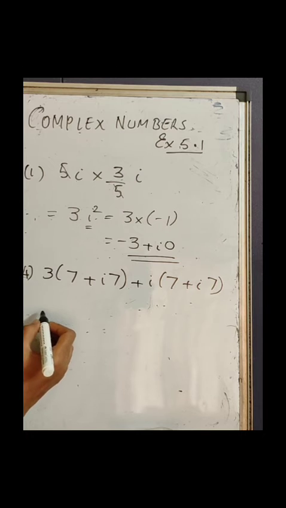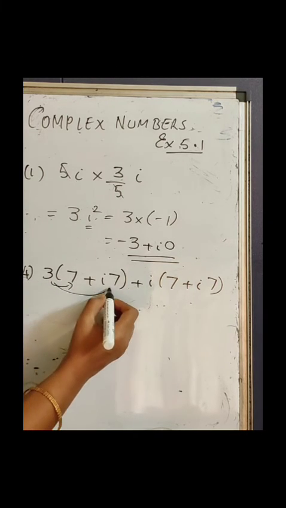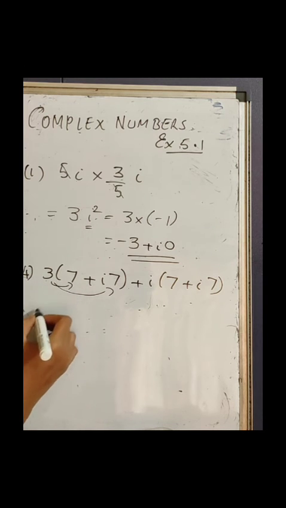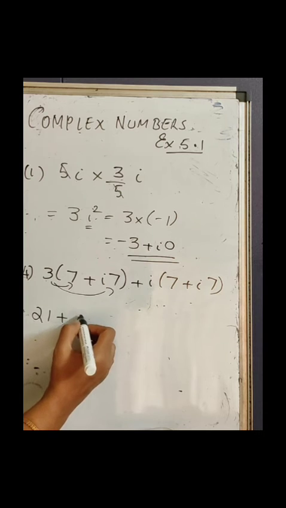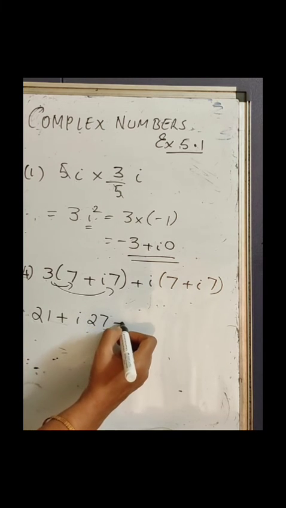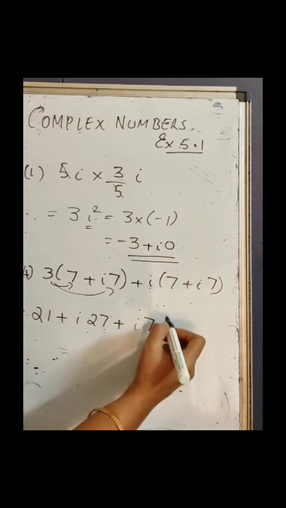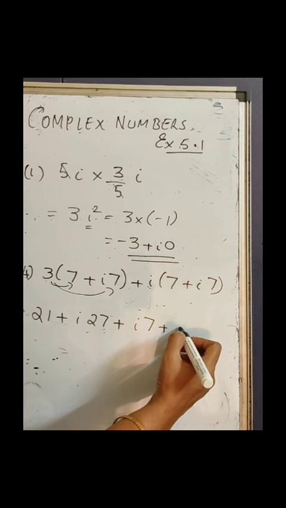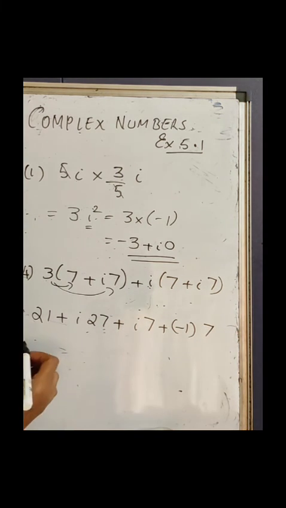Fourth question, you have to expand. First you have to expand 3 into 7, 21 plus 3 into 7, so i27 plus i7 plus i into i square. Instead of i square you can write -1 into 7.